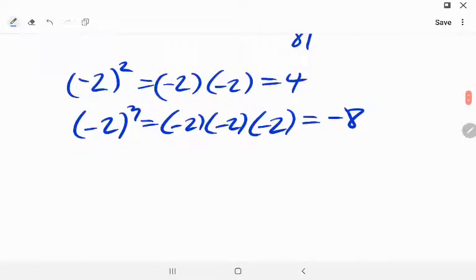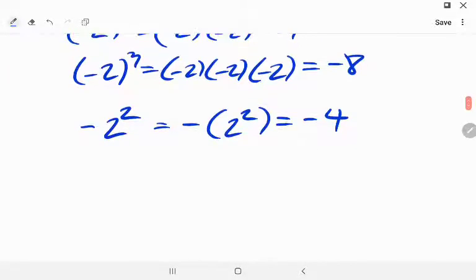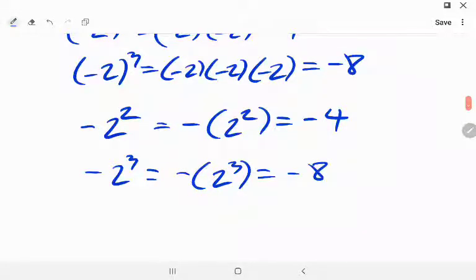But then, on the other hand, if we look at -2 squared, we notice now that negative sign isn't attached to the 2, so we get -2 squared is -4. And then, unsurprisingly, if we tried taking -2 cubed, that winds up giving us -8.